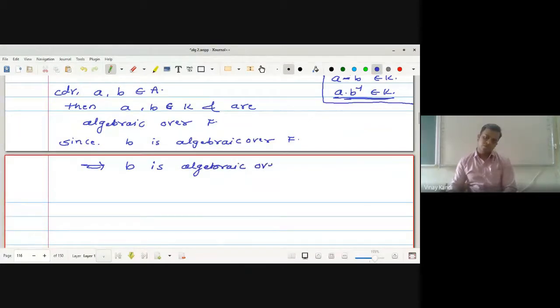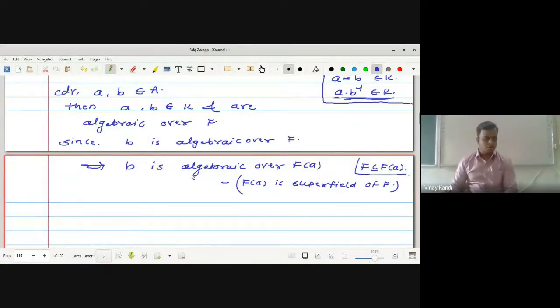Because F is a subset of the field F(a); F(a) is a superfield of F. We have that b is algebraic over F, so b is algebraic over F(a). So, by the previous theorem, F(a) joined with the element b, which is equal to F(a, b), is a finite extension.